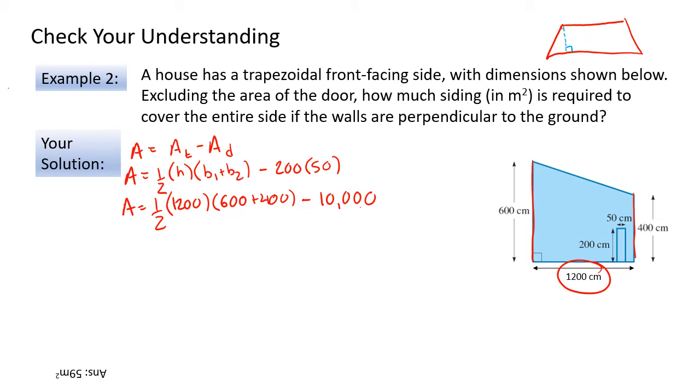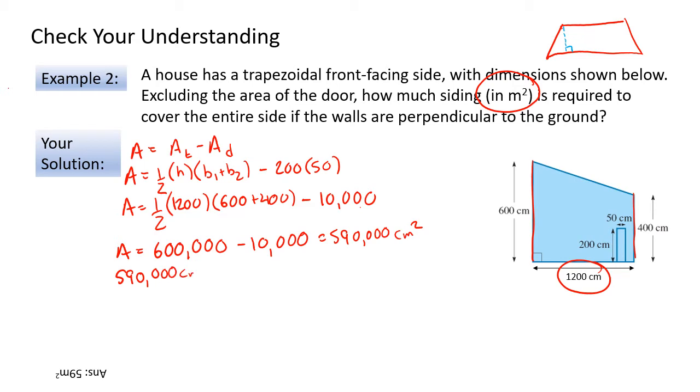Okay, so if we calculate the first number out, we get our area is equal to 600,000 minus 10,000, which is 590,000 centimeters squared. Now keep in mind, the question asked for it in meters squared. Okay, so to convert that, we have 590,000 centimeters squared.